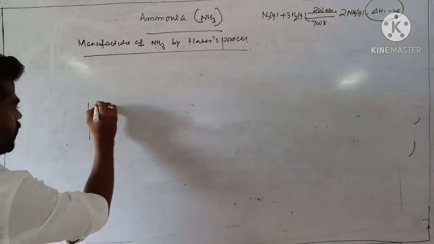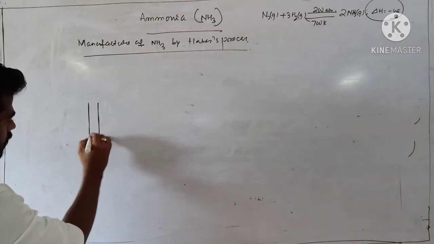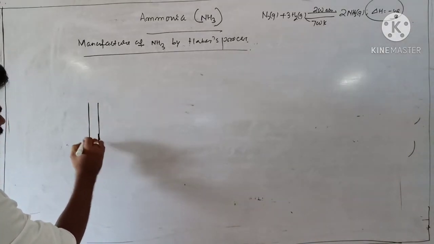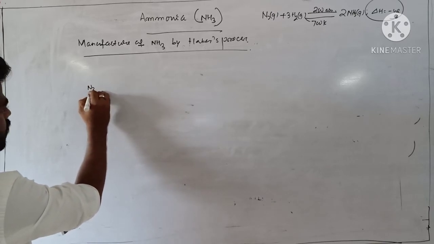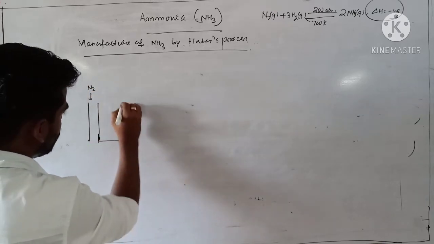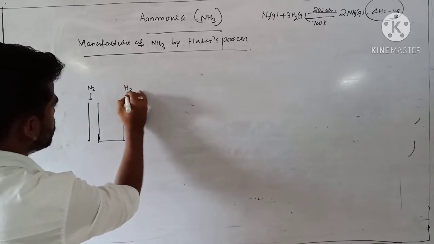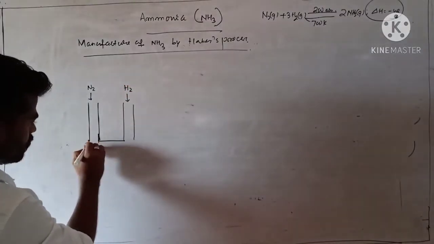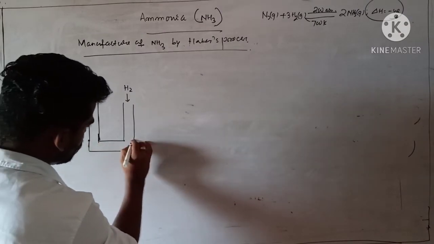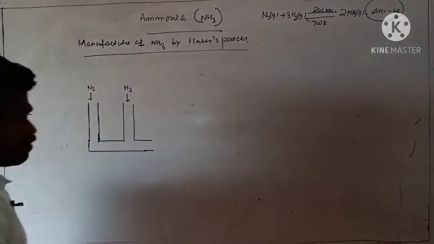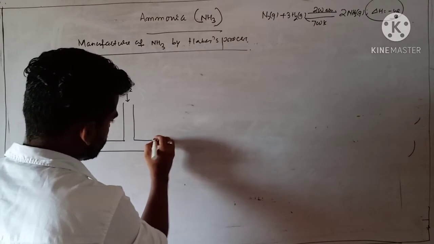Experimentally, in industry, you inject N2 gas in this tube, and in another tube you inject hydrogen gas. Both gases are allowed to pass through a compressor.